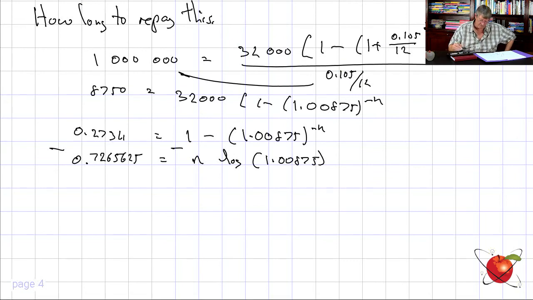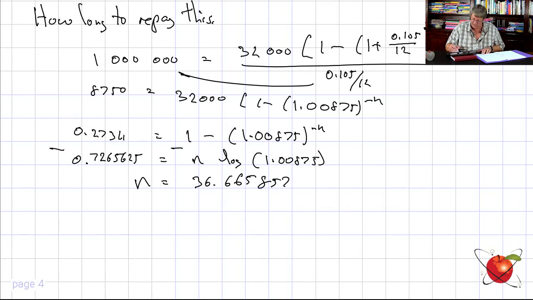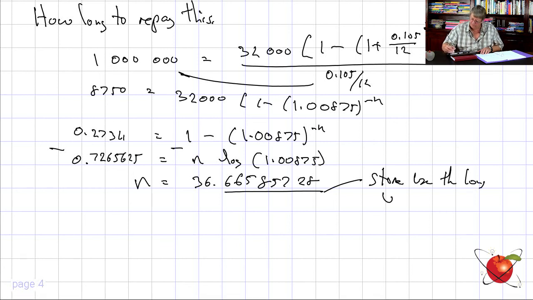Therefore, I come out to be n equal to 36.665855728. Okay, this you can store or use the long version. In other words, write it down long because you're going to need it.